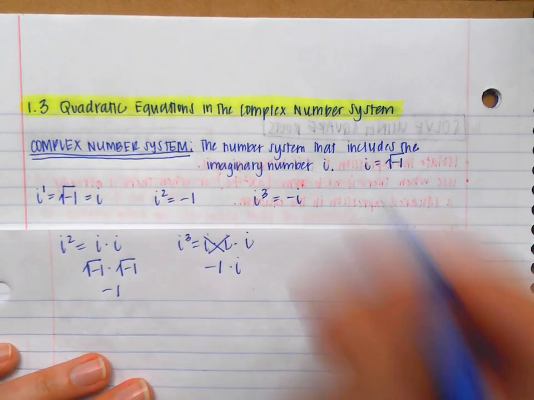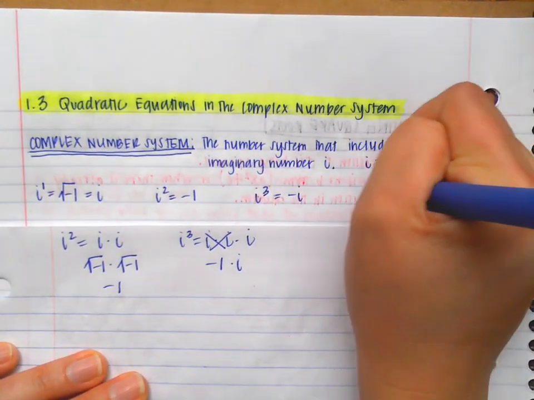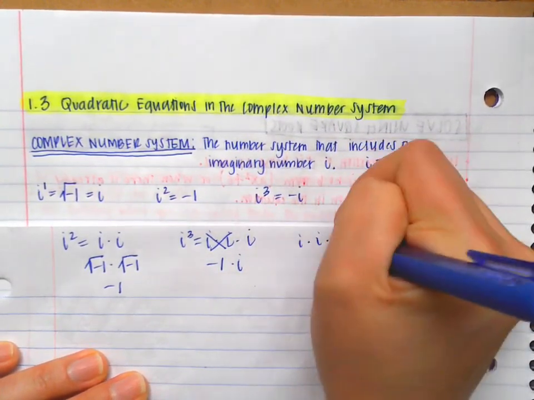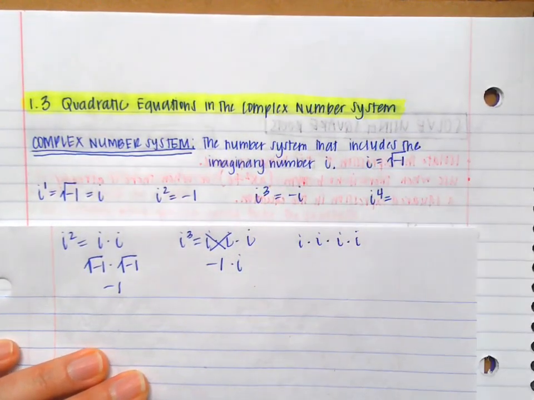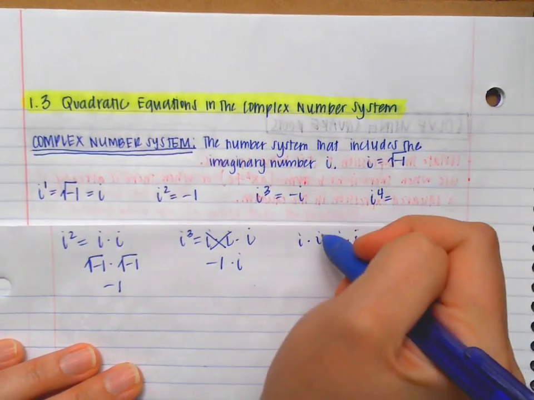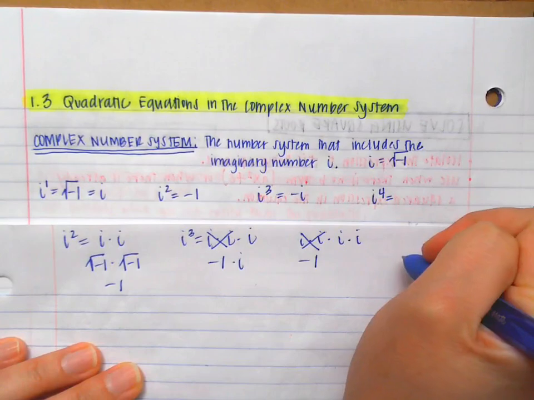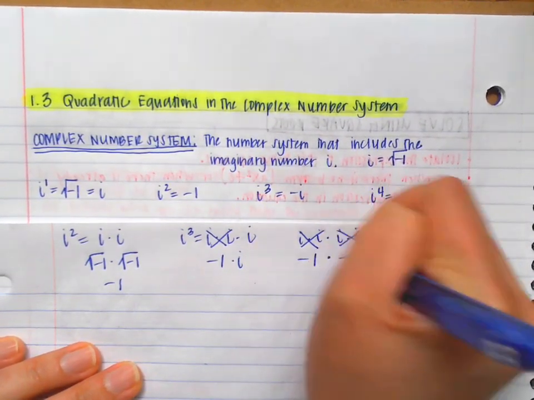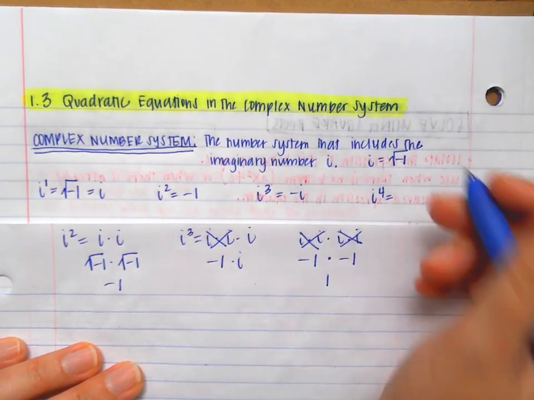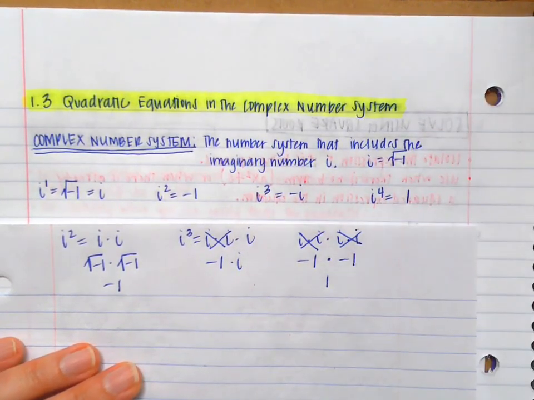And then i to the fourth would be i times i times i times i. Well, going off of how we did it before, we know i times i is -1, and then we have another i times i, which is -1, and then -1 times -1 is +1. So i to the fourth is 1.